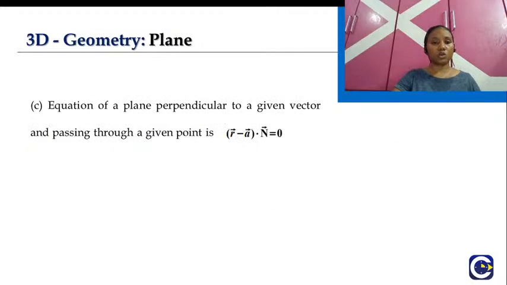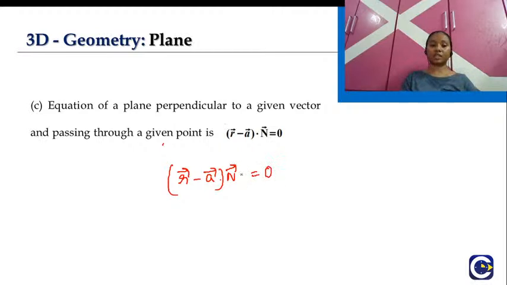Right. So the next form is the equation of a plane perpendicular to a given vector and passing through a given point. When we have a vector which is perpendicular to the plane, and it is passing through a point, the equation in vector form is r bar minus a bar dot n bar equal to 0, where n bar is the vector of the normal, that is the perpendicular vector, and a bar is the position vector of the point which the plane is going through.